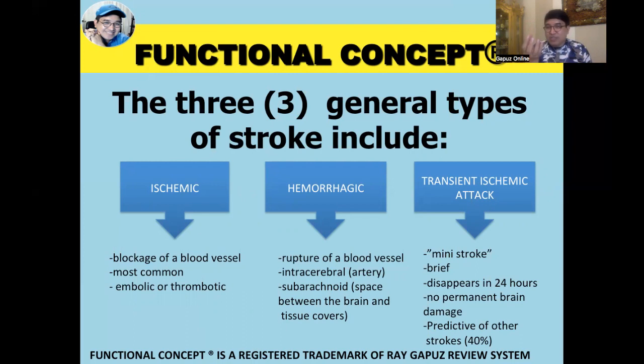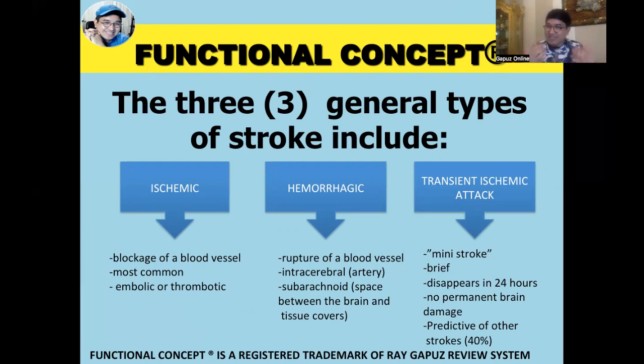And because of this, blood stasis occurs. So it means the heart can no longer pump the blood out of its different chambers, and so blood clots form. And when one of those clots would lodge into the small arteries in the brain, then that is called cerebral embolism. That's why if you'll be asked on the test, who is most at risk to stroke, it's going to be a patient with atrial fibrillation.